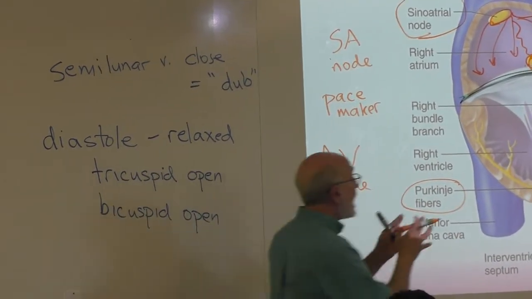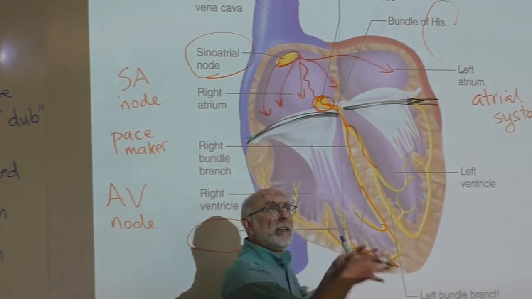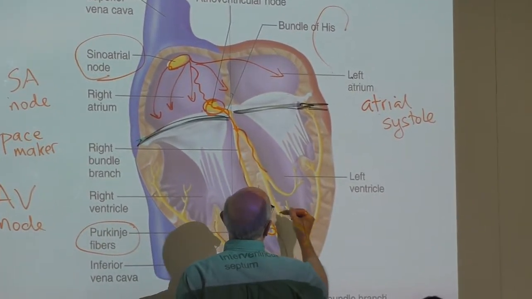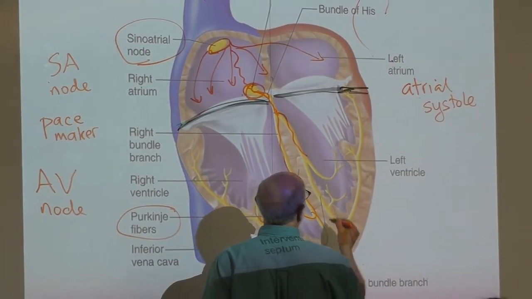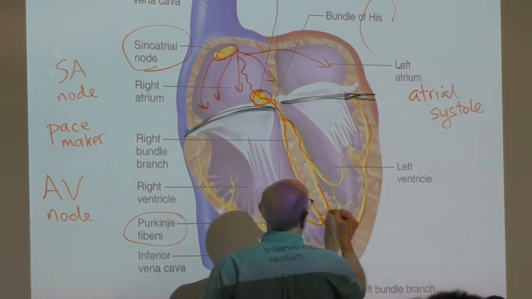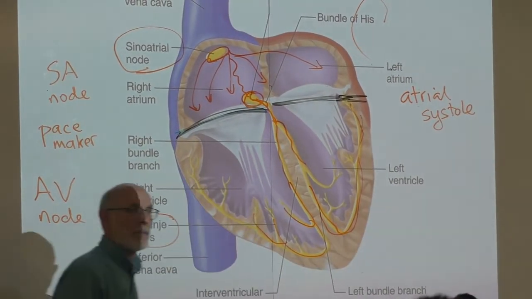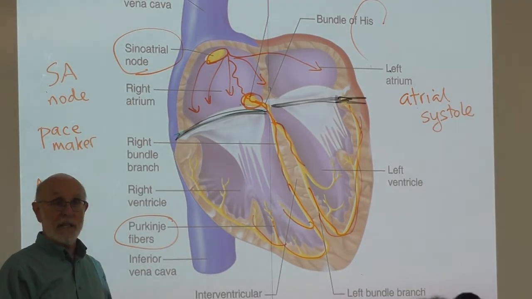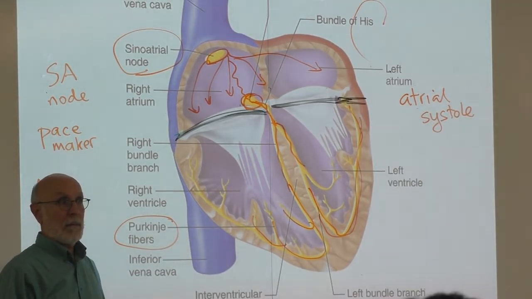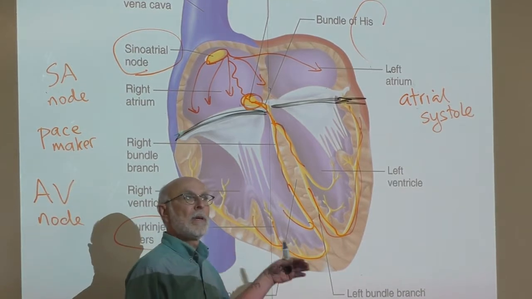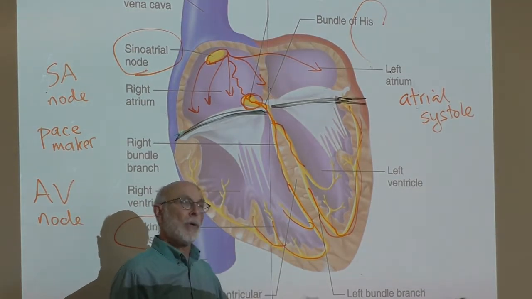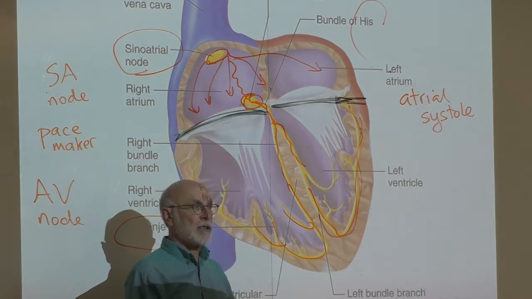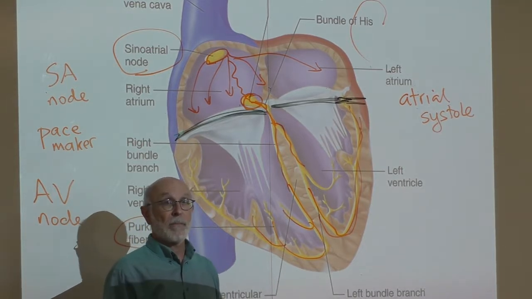So now the action potentials are being delivered throughout the ventricles, and we get ventricular systole. Again, action potentials, depolarization of the T tubule, depolarization of the voltage-gated calcium channel, calcium-induced calcium release, contraction.